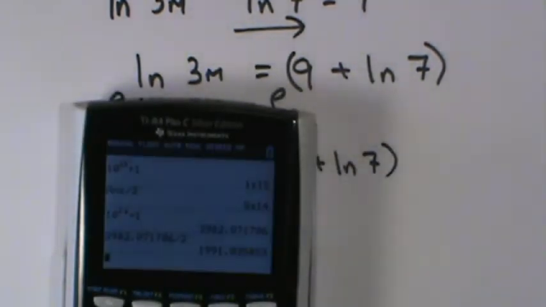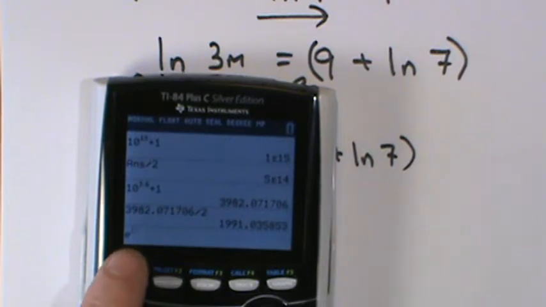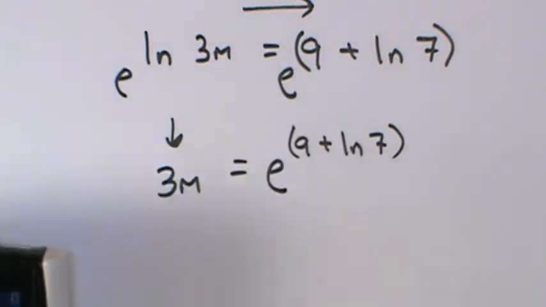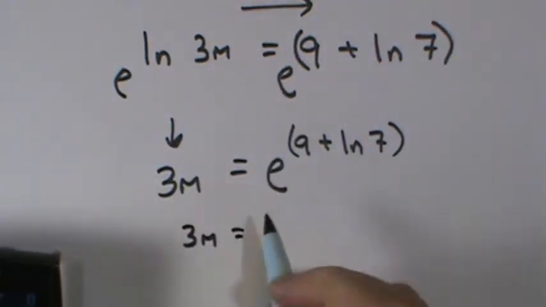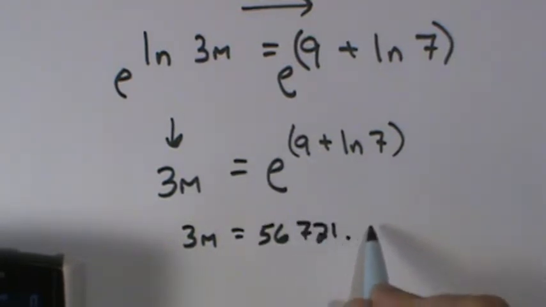In my calculator, I go second natural log, which is that e, and I'm simply going to type what I see there. 9 plus the natural log of 7. I close that out. I hit enter. Now it gives me a decimal. Well, actually it's a large number with a decimal. It's 56,721 and change.